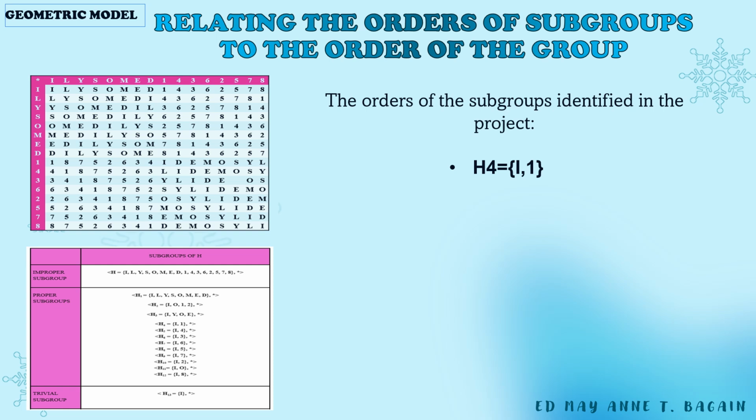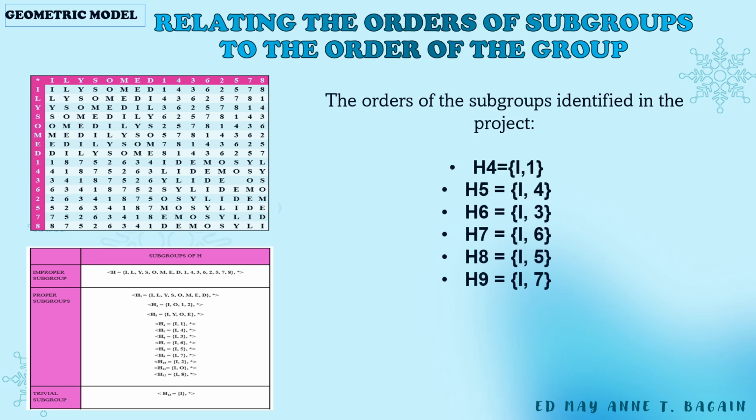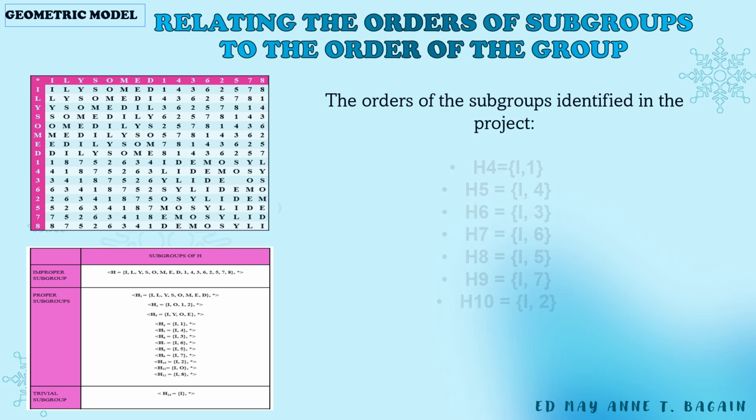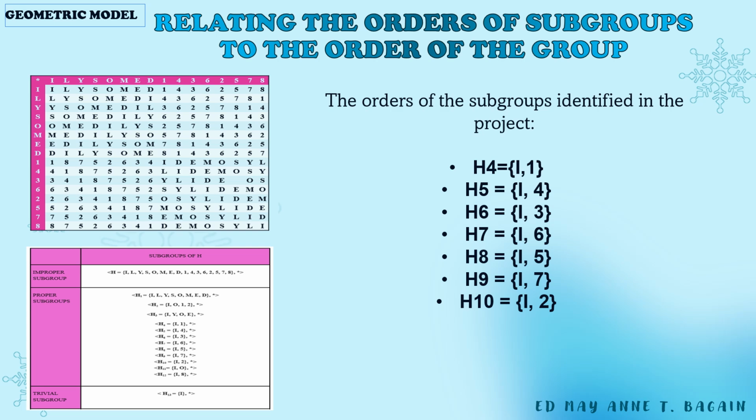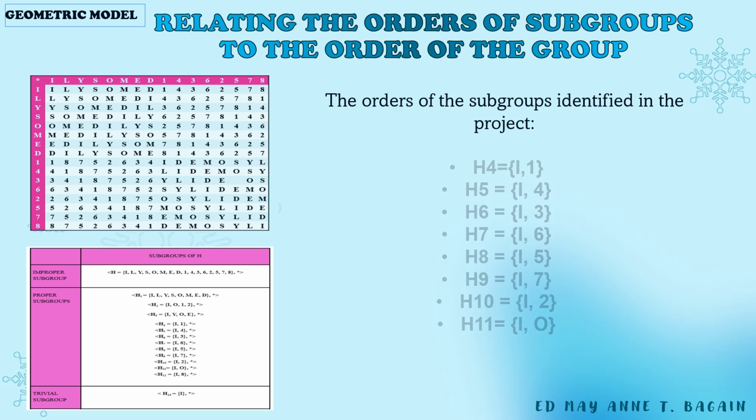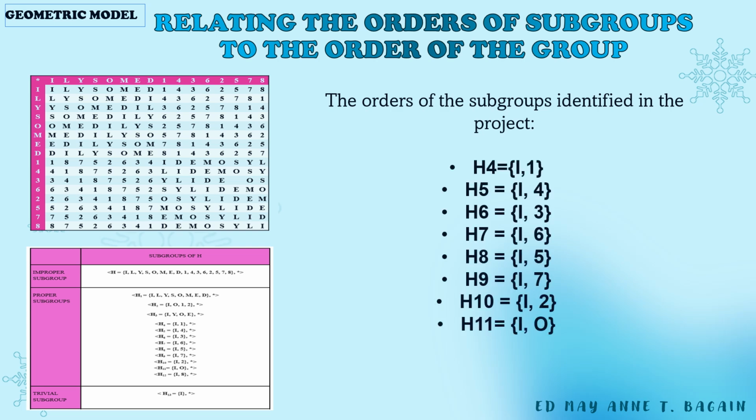So we have H sub 4, H sub 5, H sub 6, H sub 7, H sub 8, which is I and 5, H sub 9, which is I and 7, and then H sub 10, which is I and 2, and then H sub 11, which is I and O, H sub 12, which is I and 8.